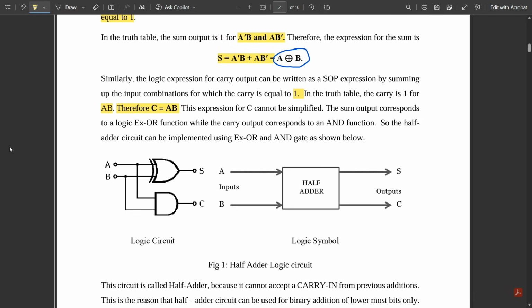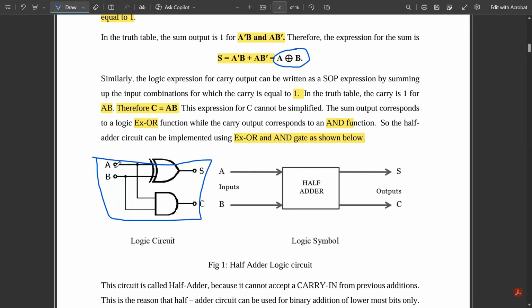The sum output corresponds to the logic XOR function, while the carry output corresponds to the logic AND function. As mentioned here, this is the XOR operation taking place for sum, and since they are getting multiplied, we are using the AND operation. So the half adder circuit can be implemented using an XOR and an AND gate as shown here. This is the block diagram, and this is the simple half adder circuit, where we have two inputs and two outputs.